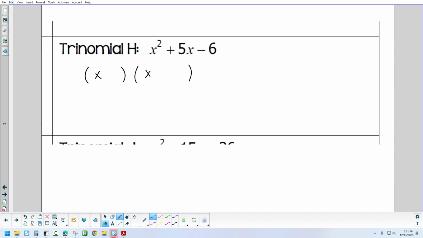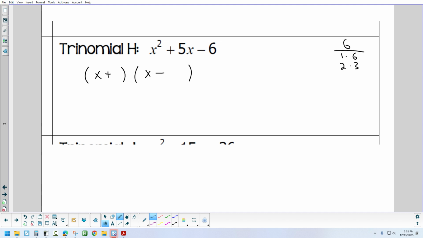X plus bigger number, x minus the smaller number. Okay. What's my C value in this problem? Can somebody tell me what multiplies to give you 6? 3 and 2. Good. 1 and 6.